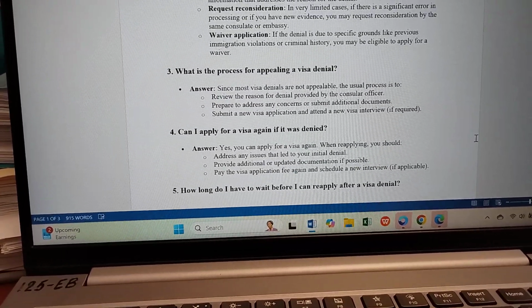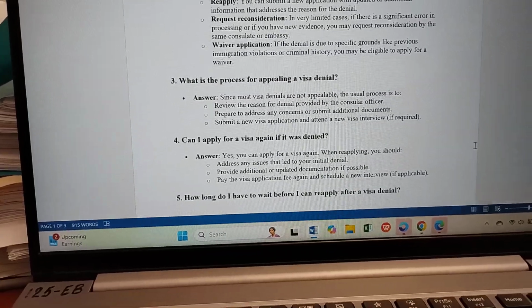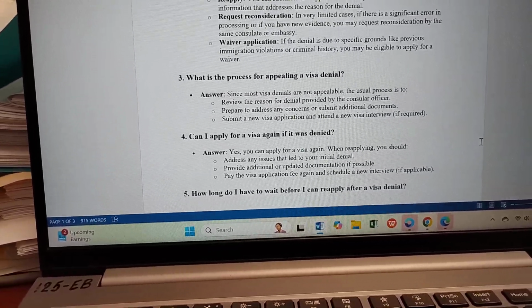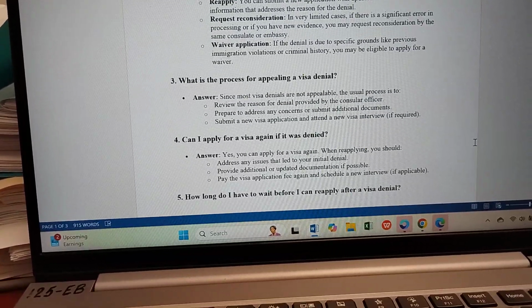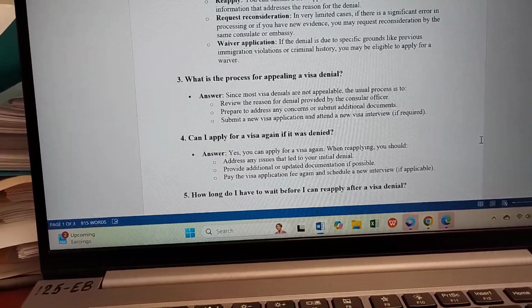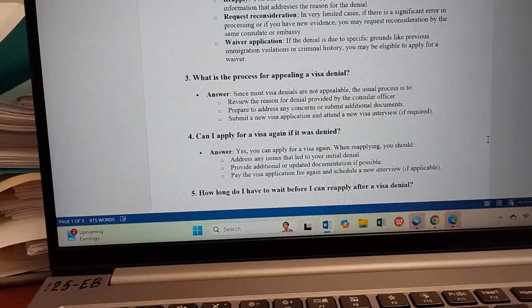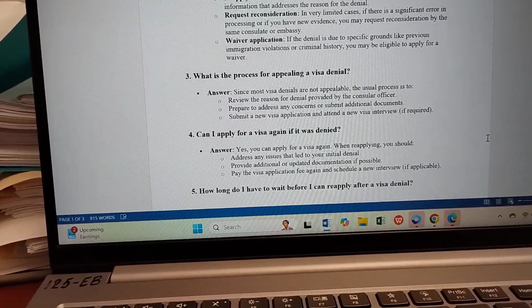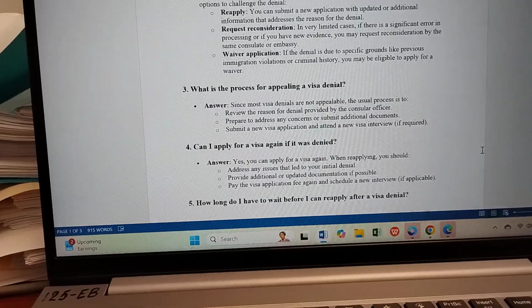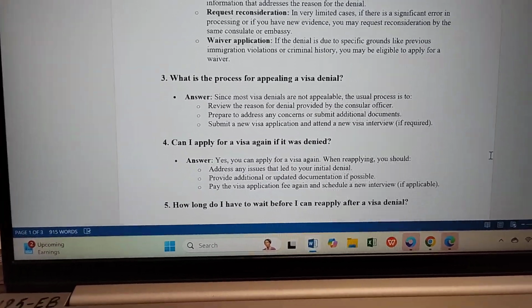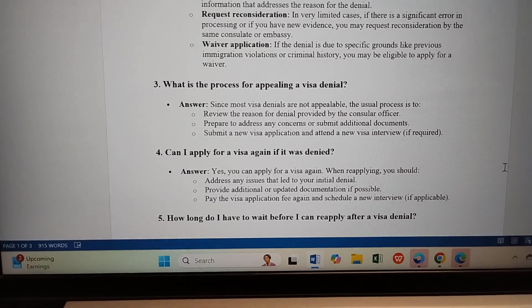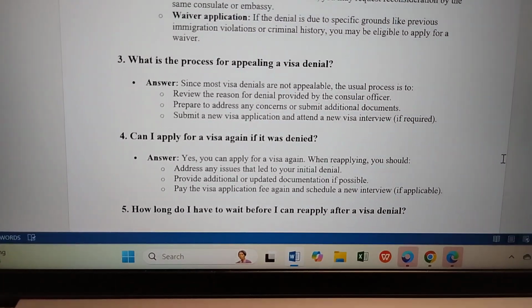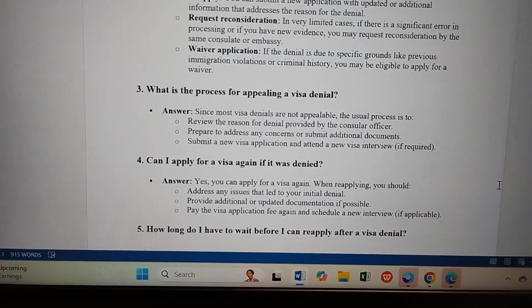Since most visa denials are not appealable, the usual process is normally to review the reason why your visa was denied, provided by the consular officer, then prepare to address any concerns or submit additional documents. Then apart from that, you also submit a new visa application and attend a new visa interview if required to do so.